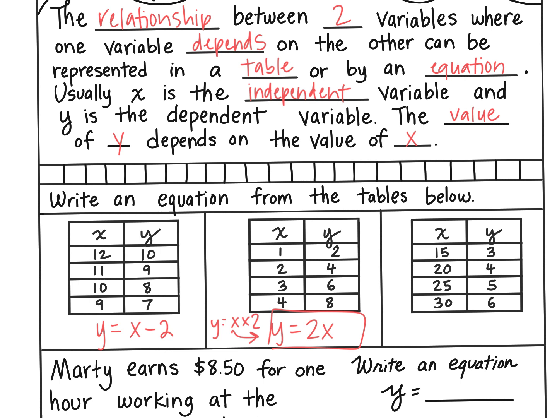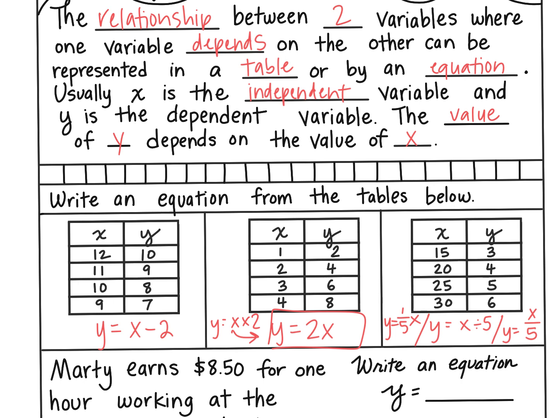Okay, the last one, to get from X to Y, what am I having to do to the X? I'm doing Y equals X divided by 5. I could also write it this way. Y equals X divided by 5. Another way that you could write this is Y equals 1/5 X. Just want to give you another example.